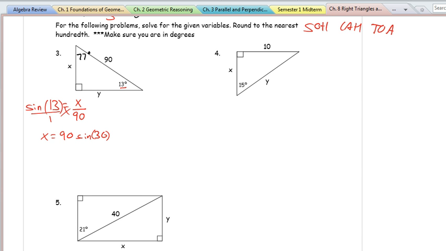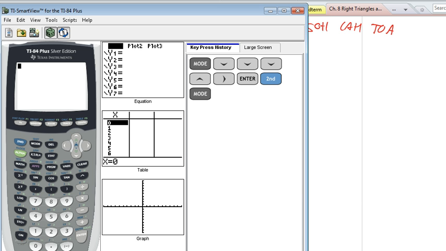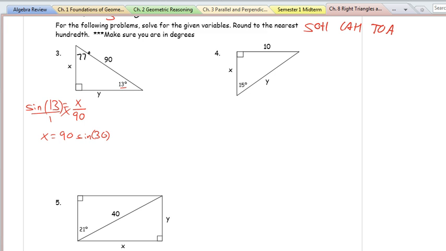Let me show you on here. 90 times the sine of 30, just like that, and it tells you exactly what that side is. Oops, not sine 30. That's why it came out so nicely.